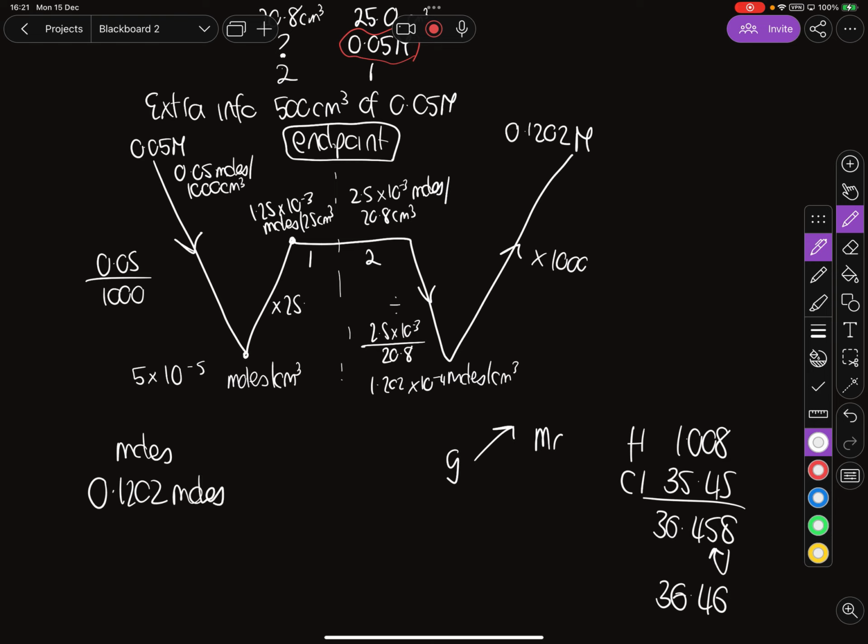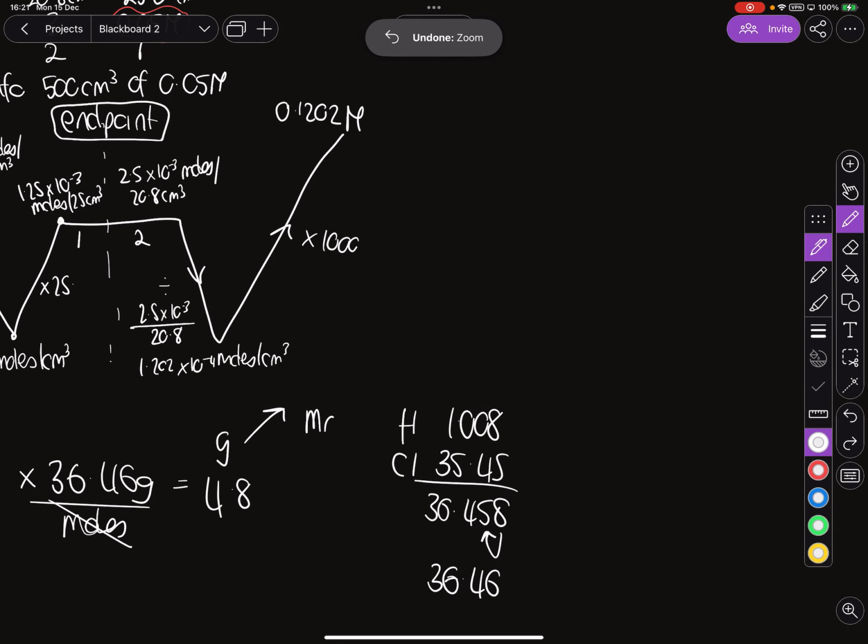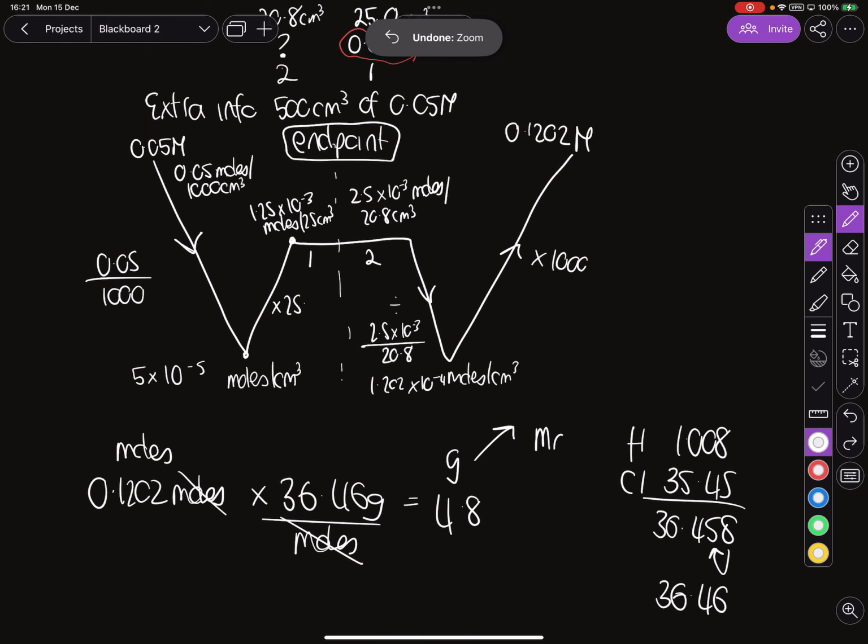We want to get it into grams. If I'm doing dimensional analysis to get rid of moles, I have to put my grams on top and my moles underneath. Okay, that's using our cards. When we do that, it should give us 4.382 grams per litre.